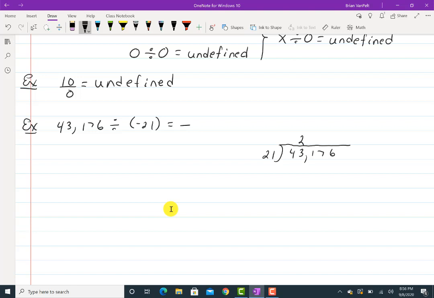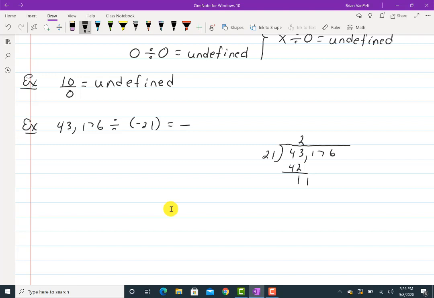Where you place these numbers is extremely important. Now what you do is 2 times 21 is 42, and then subtract. 43 minus 42 gives you a 1. You are permitted to bring down the next number, so that gives me an 11.